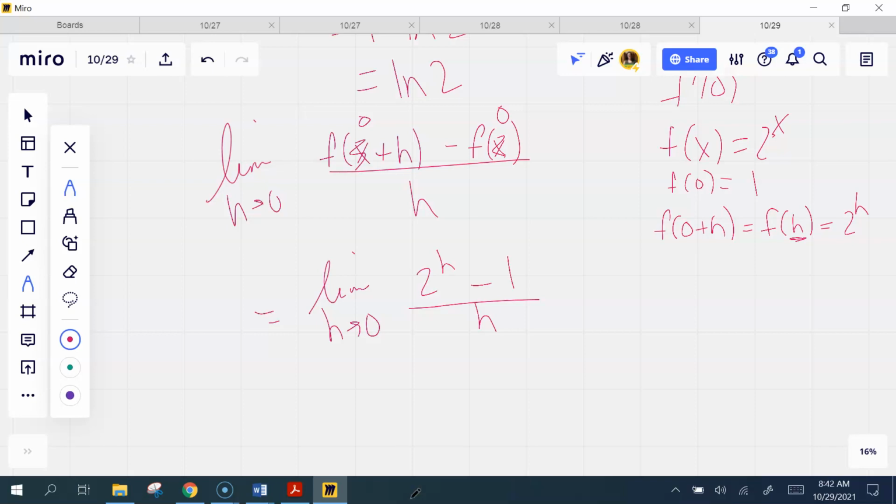We're probably going to do two separate fractions. You can make it log. I'm going to have to come in with logs for something. Log of 2h minus log 1 minus log of h.